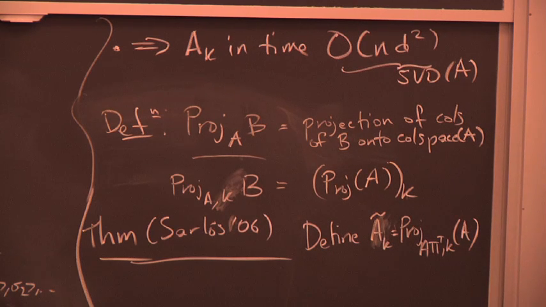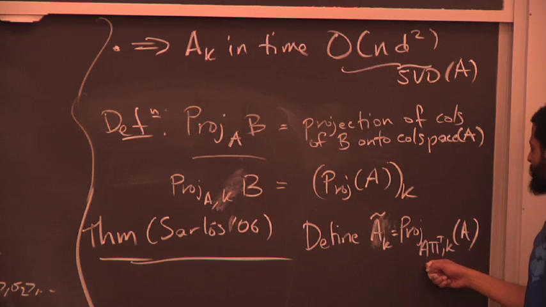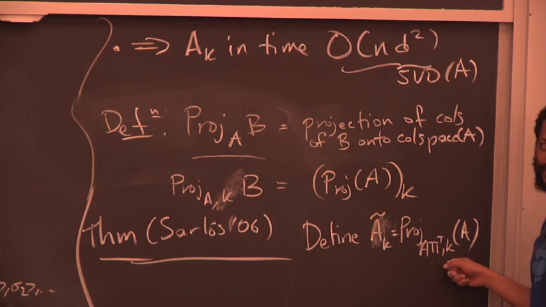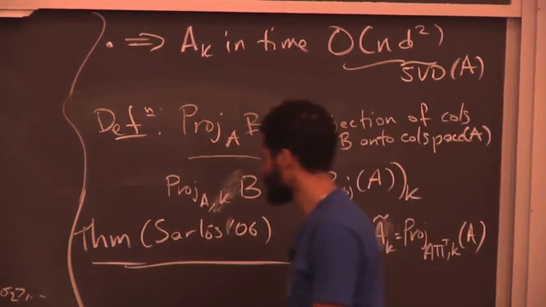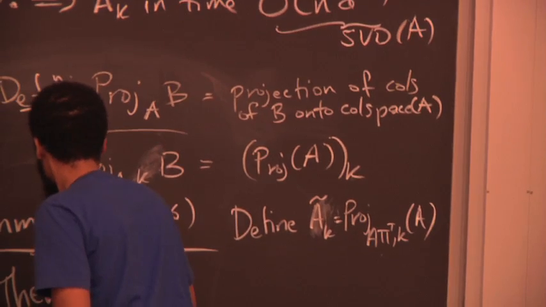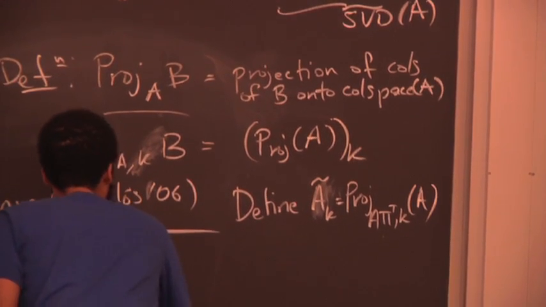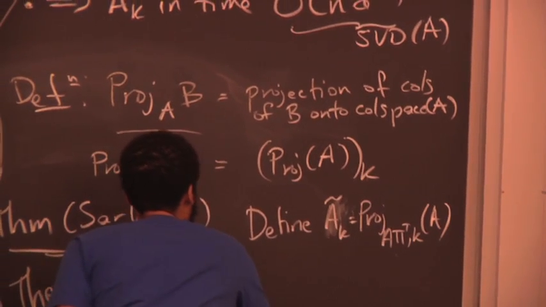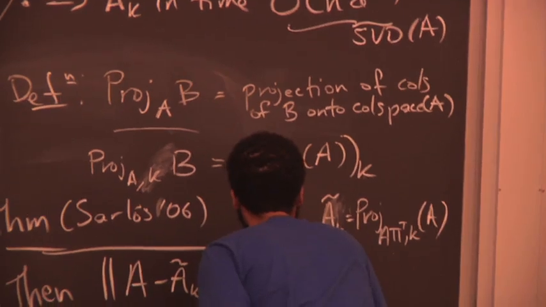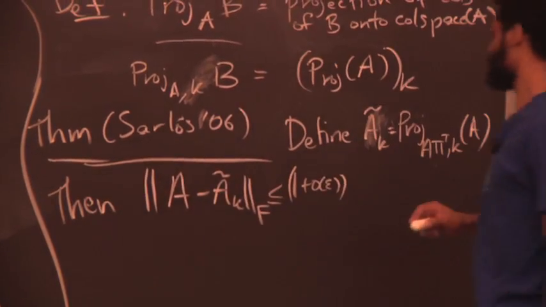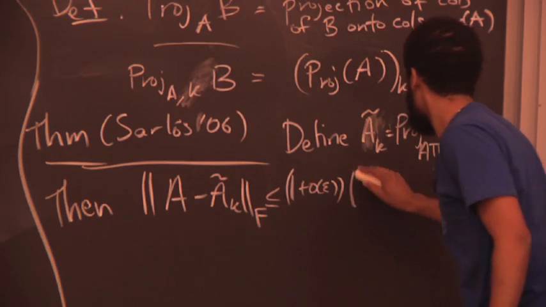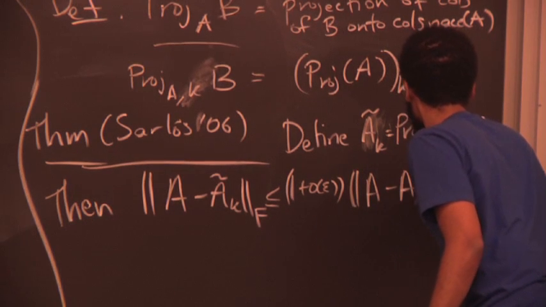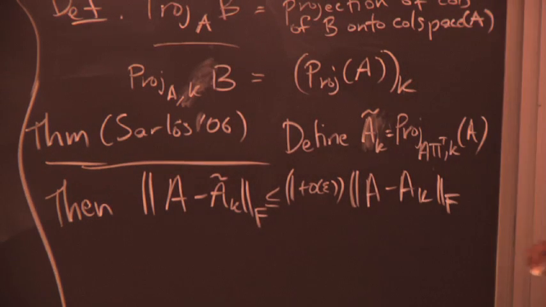So project the columns of A onto the column space of A pi transpose, and then take the best rank k approximation of that. Then we have that the Frobenius norm of A minus A tilde k is at most 1 plus O(epsilon) times the actual opt, as long as pi satisfies certain conditions.